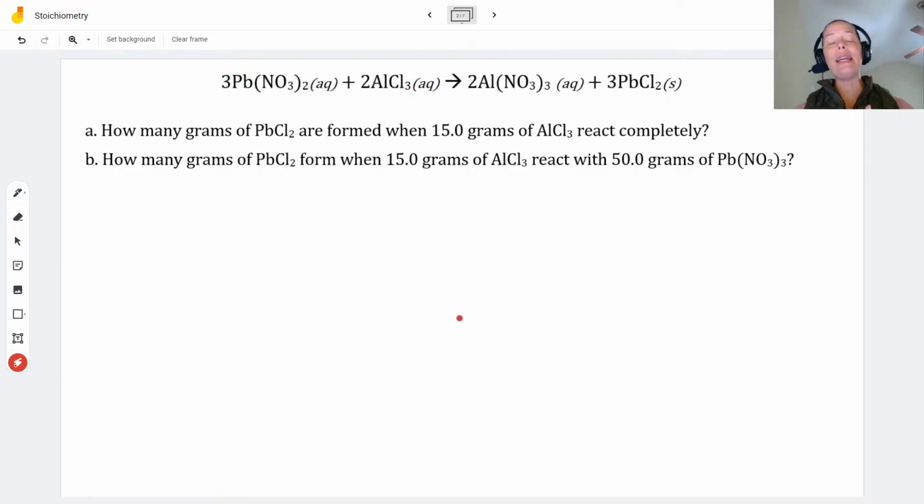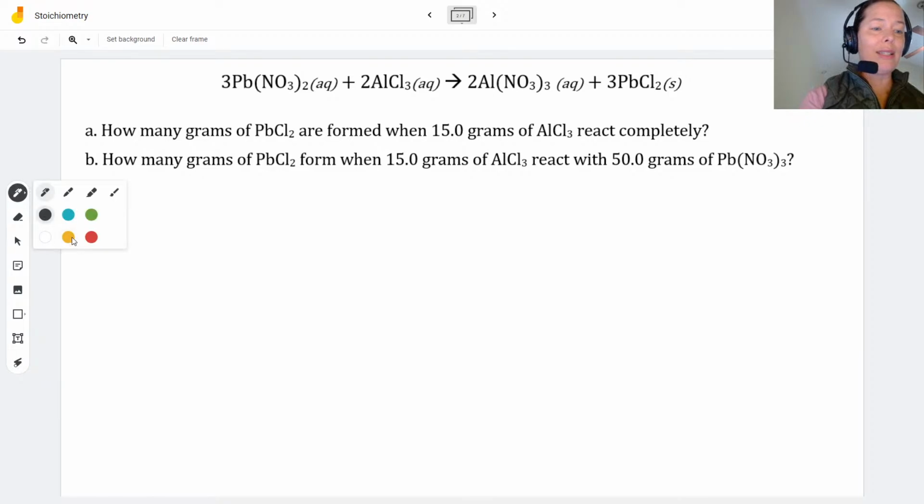So part B is going to be a limiting reactant stoichiometry problem. We're going to start with a straightforward gram to gram stoichiometry problem, and then in B, we're going to tackle a limiting reagent problem. With that said, let's just jump into it because we've got a lot of calculations to do.